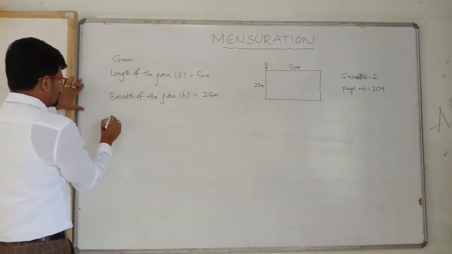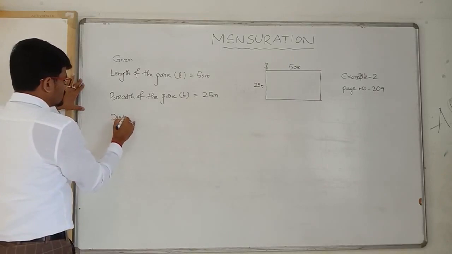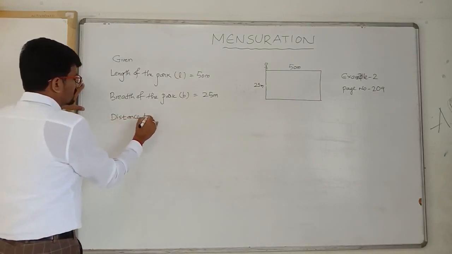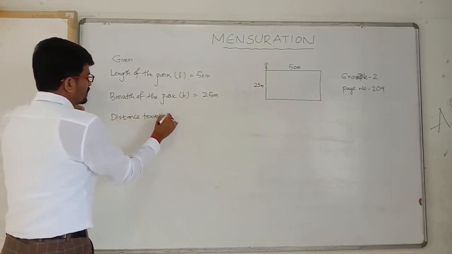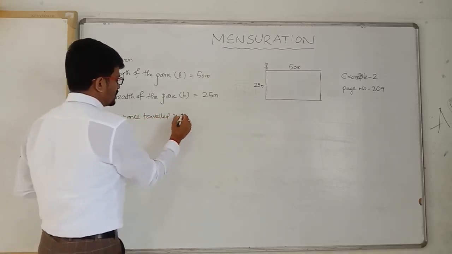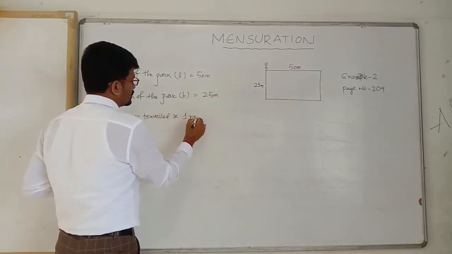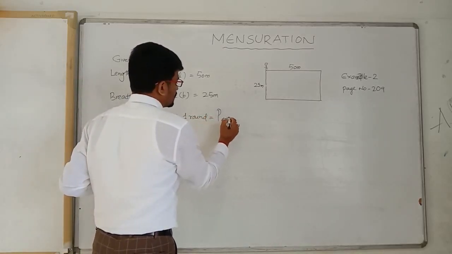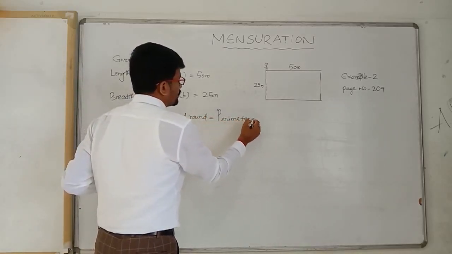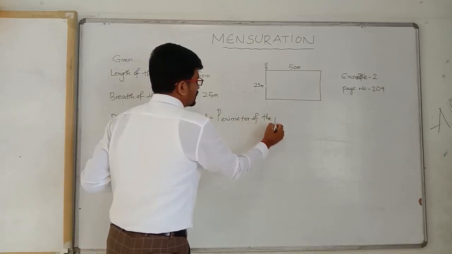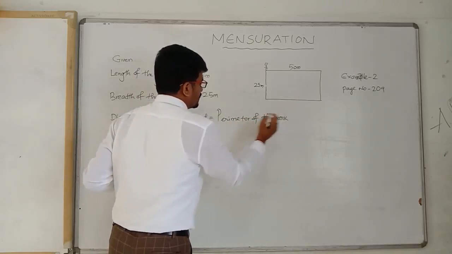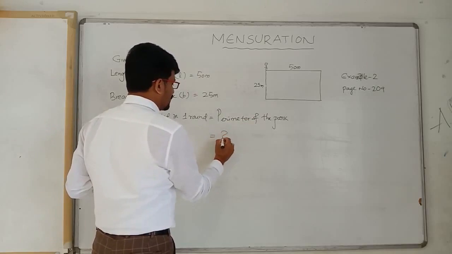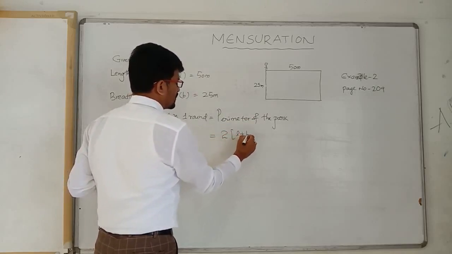Therefore, distance traveled in one round is equal to the perimeter of the park. The perimeter of the park formula is 2 into (L plus B).